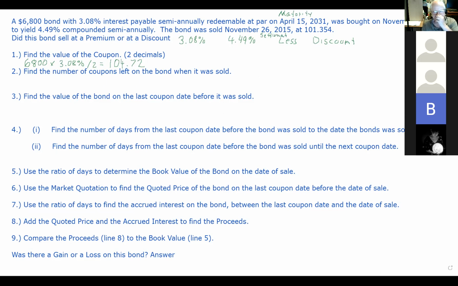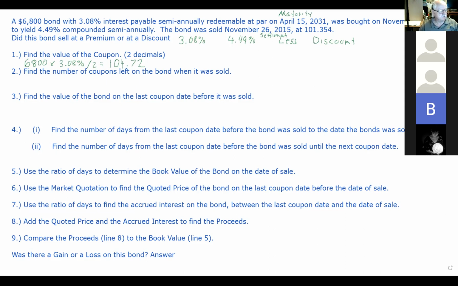They've thrown in this other date here just to be annoying, but we can ignore that. So let's write those down because we'll need them. Settlement, November 26, 2015, and maturity, April 15, 2031.